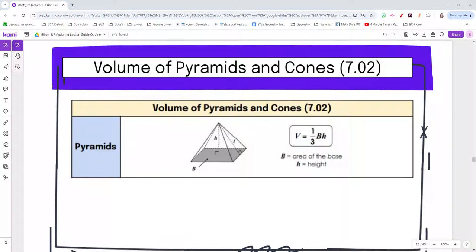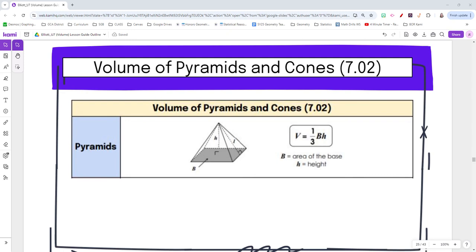This is the instructional lesson for volume of pyramids and cones 7.02. We'll start with the volume of a pyramid, and you will probably notice that a pyramid has a similar base shape to some of the prisms that we worked with in our lesson from 7.01.